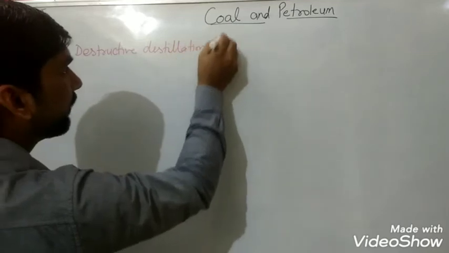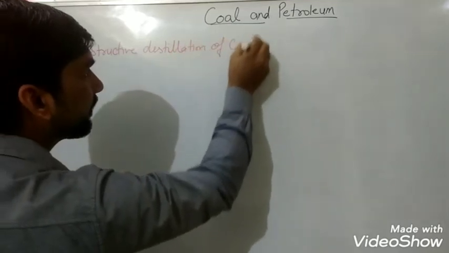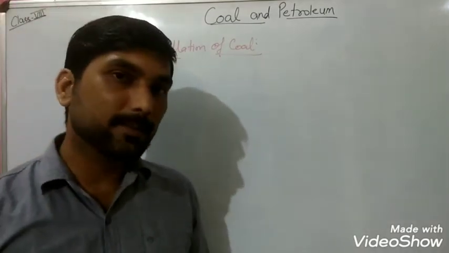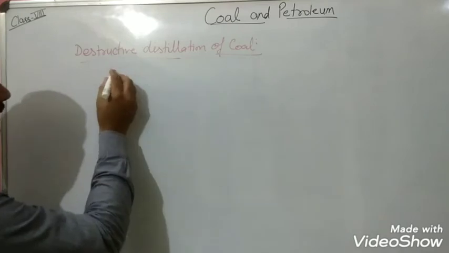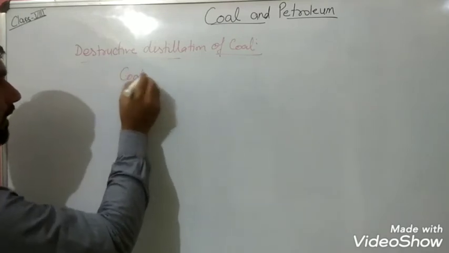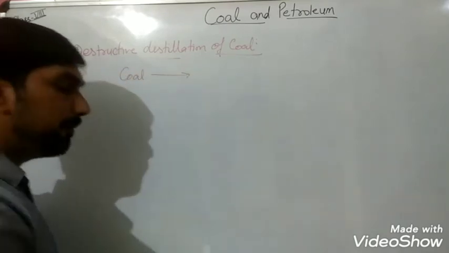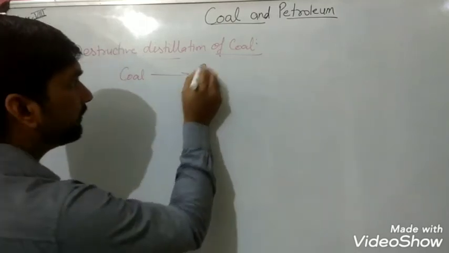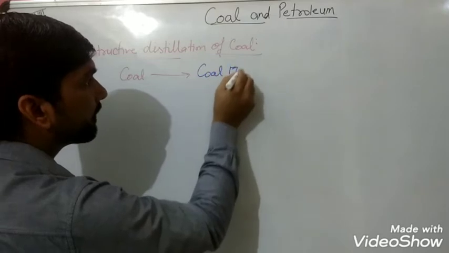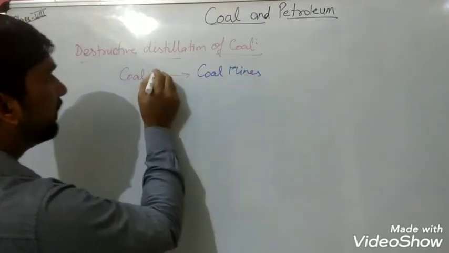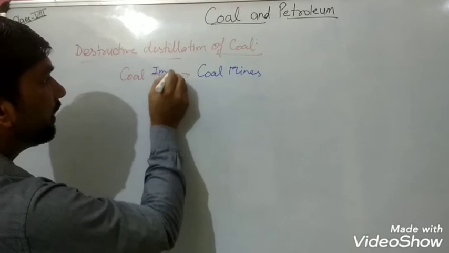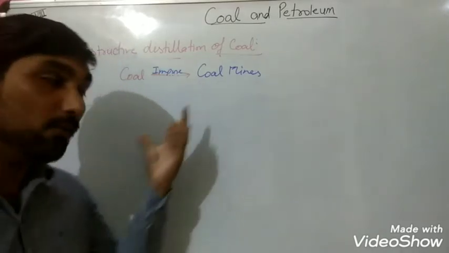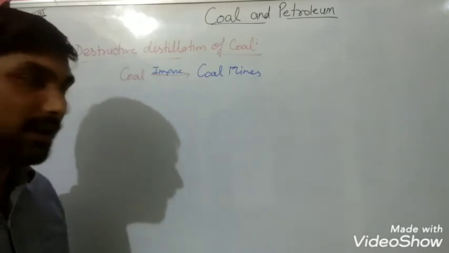In the previous video also we have seen that whenever we fetch the coal from the coal mines, it is impure, because many impurities and moisture may be present there.